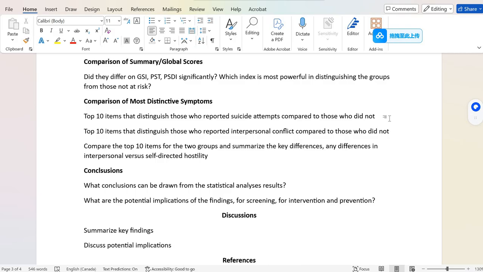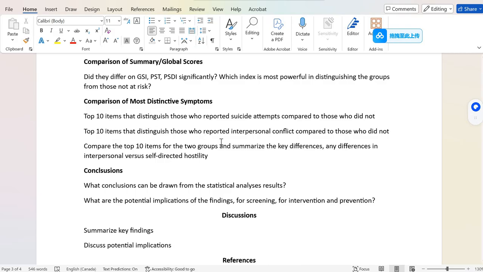You list the top 10. There was only one item that was related to interpersonal or other-directed hostility, which was getting into frequent arguments and fights.